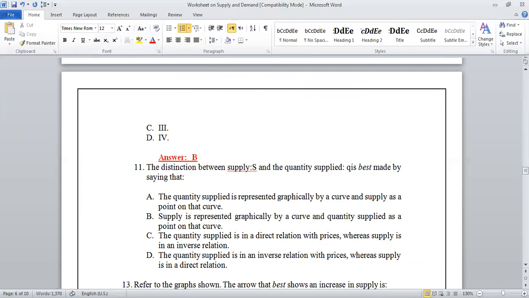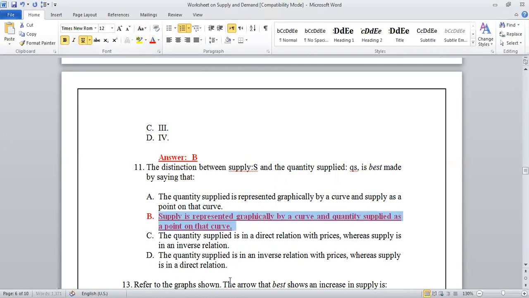Option A is not correct. Supply, S, is represented by a curve, and quantity supplied is a point on the curve. Yes, this is the right answer, B.